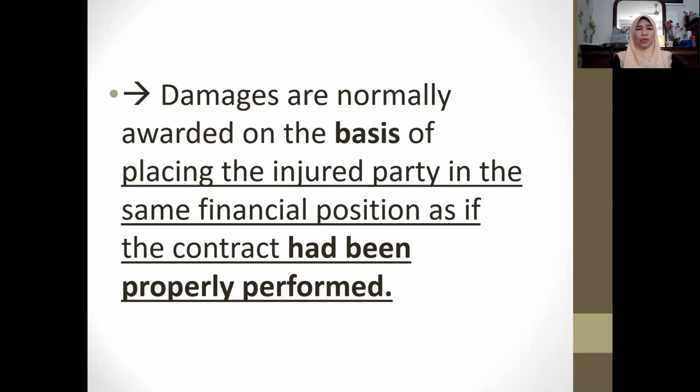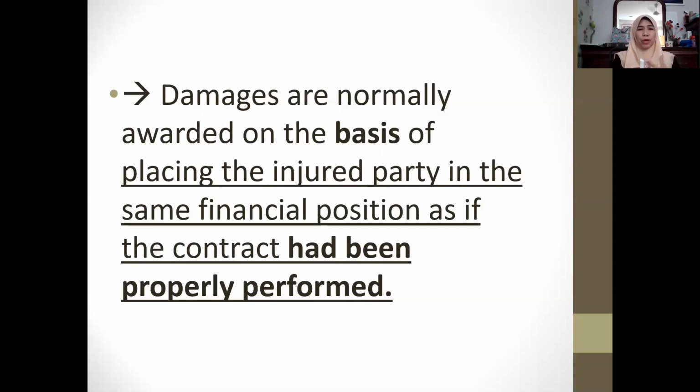For law of torts, for example negligence, damages are awarded as if the tortious action never happened, trying to compensate the party to put them back as if the tort never happened, as if the victim is not injured.